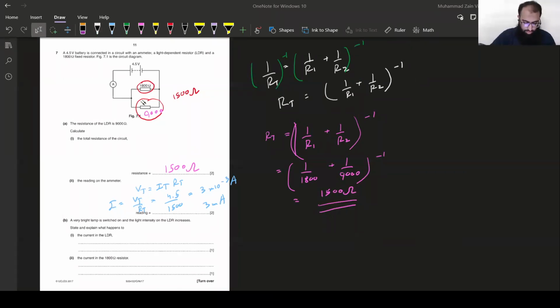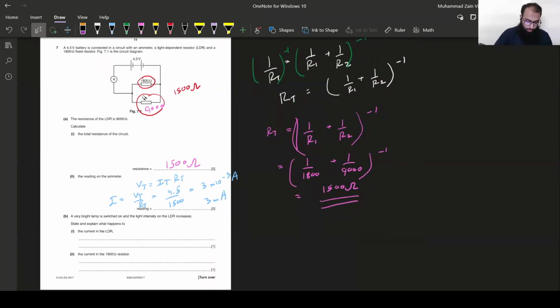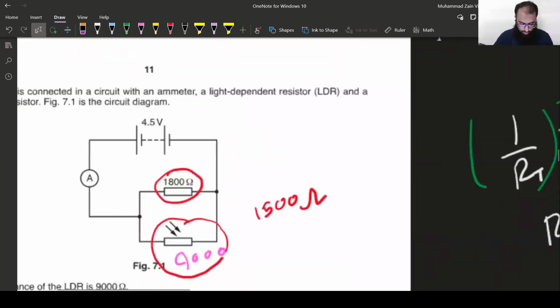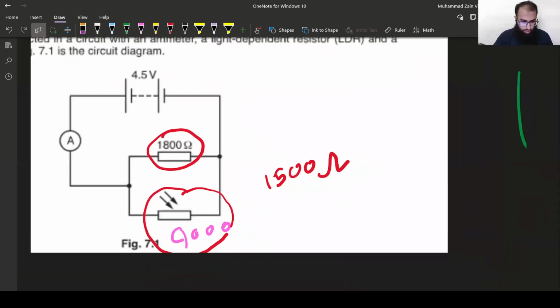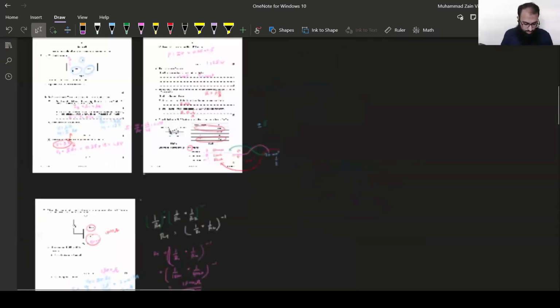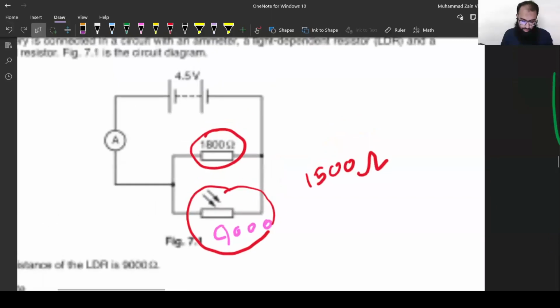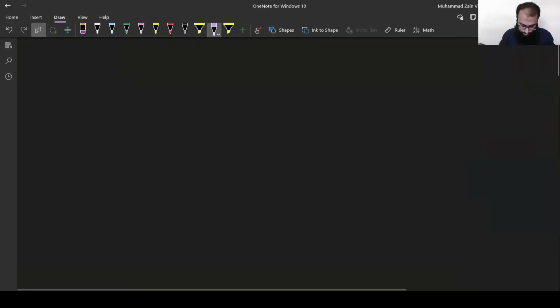So if the resistance has decreased, what would happen to the current in the LDR and what would happen to the current in the 1800 ohm resistor? You don't need any calculations to answer this part. You can just answer it by observing what's being done here.